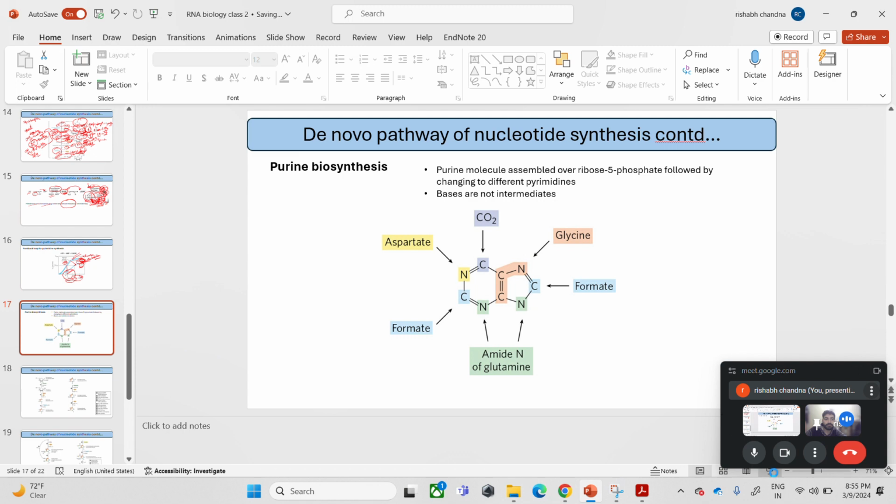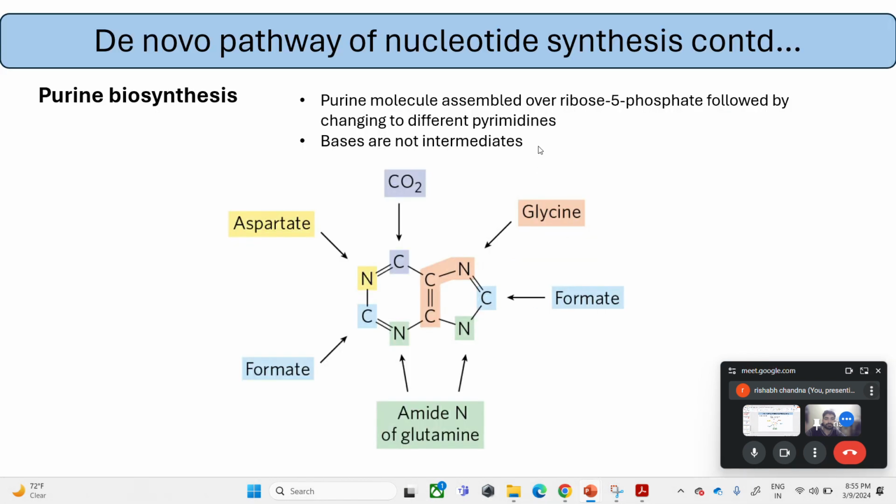So now moving on to the purine biosynthesis pathway. There is a particular difference between these molecules.